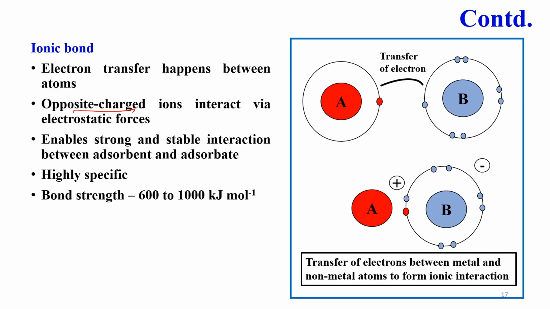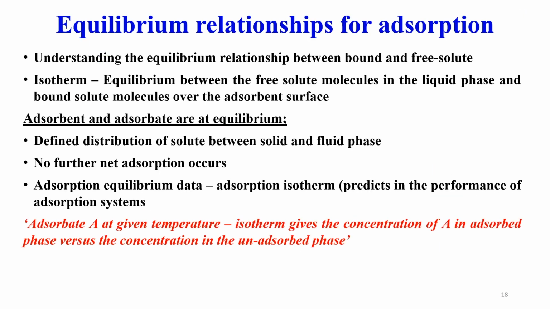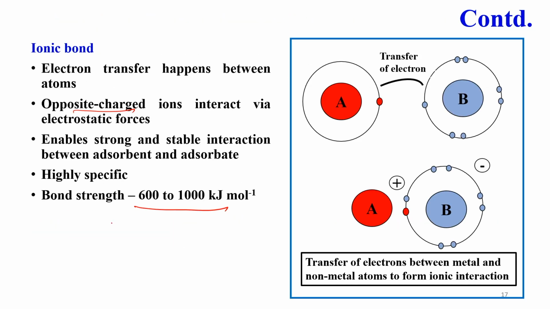It is highly specific, and the bond strength, of course, increases, in the range of 600 to 1000 kilojoules per mole. Further, if you look at the covalent bond, in this case the bond strength will further increase because of the exchange of electron pairs during formation of the covalent bond.